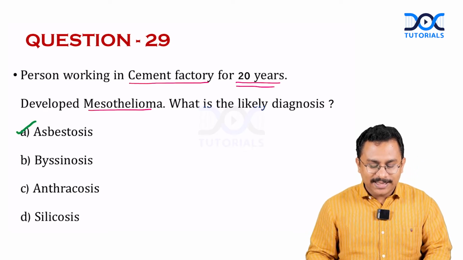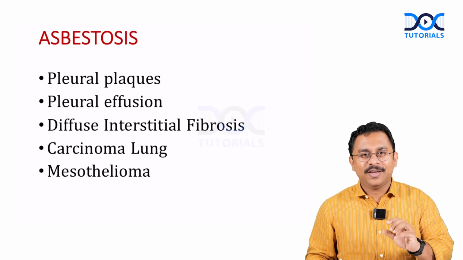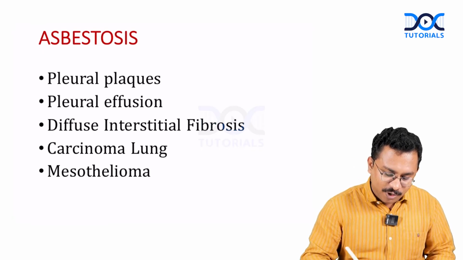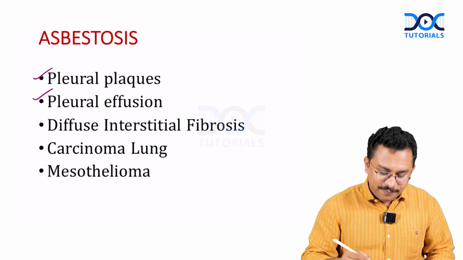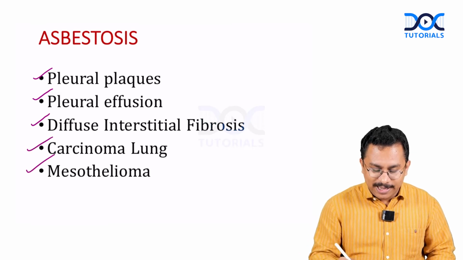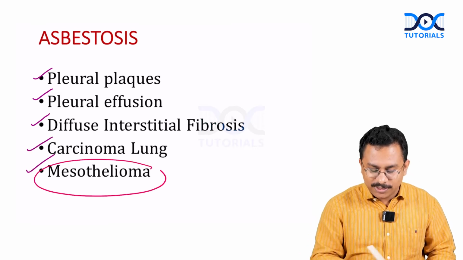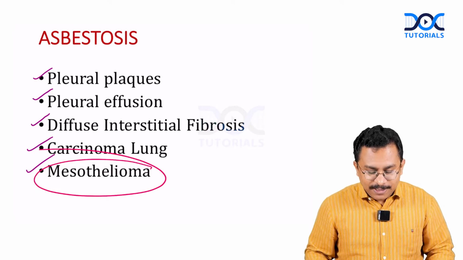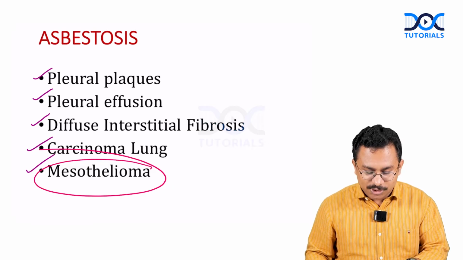You must understand that asbestosis can have varied pulmonary manifestations. Which are they? You've got the pleural plaques, pleural effusion, diffuse interstitial fibrosis, carcinoma lung, and the final one, mesothelioma. Mesothelioma is one of the manifestations that can develop in patients having asbestos exposure for a long time.